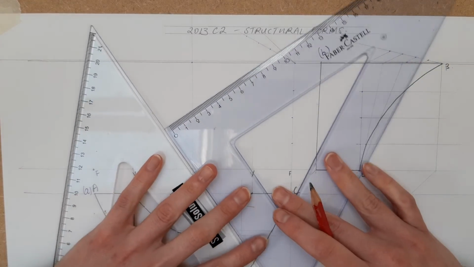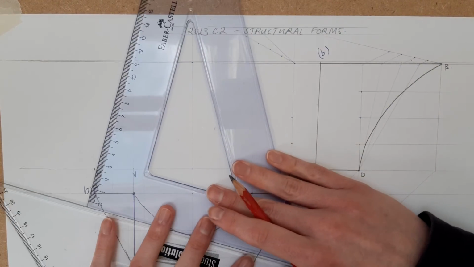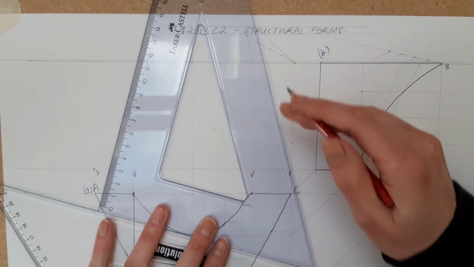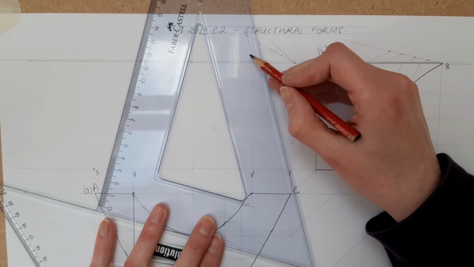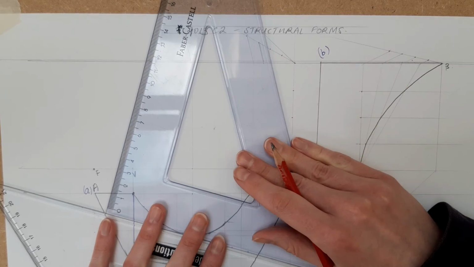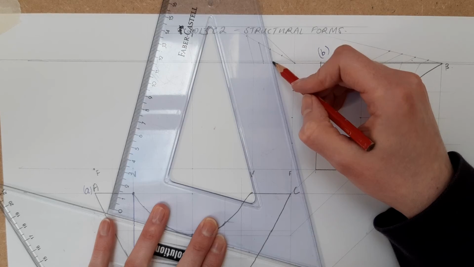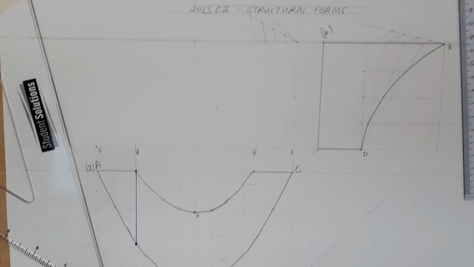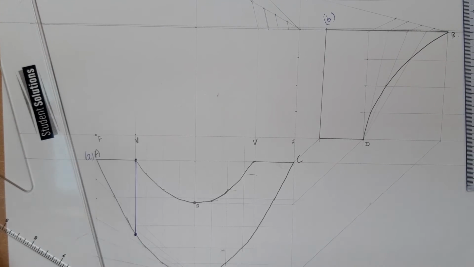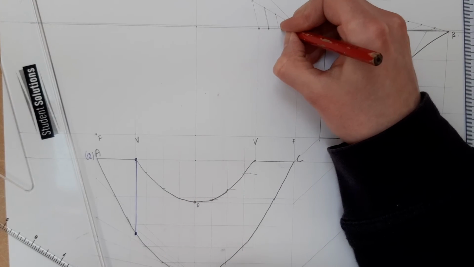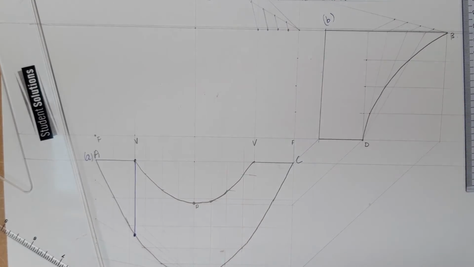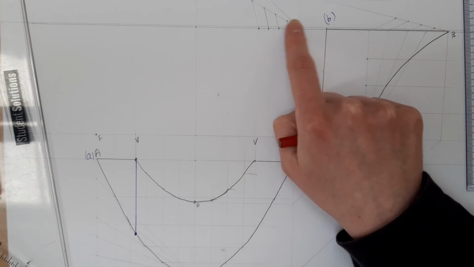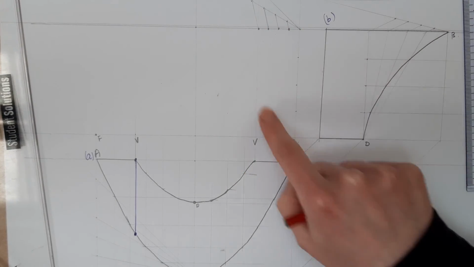And again, I'm just going to double check that you can actually see that. So slide the set squares. Okay, so at this stage I have the 4 points on the top and 4 points on the side. The near points go to the near vertex, the far points go to the far vertex.